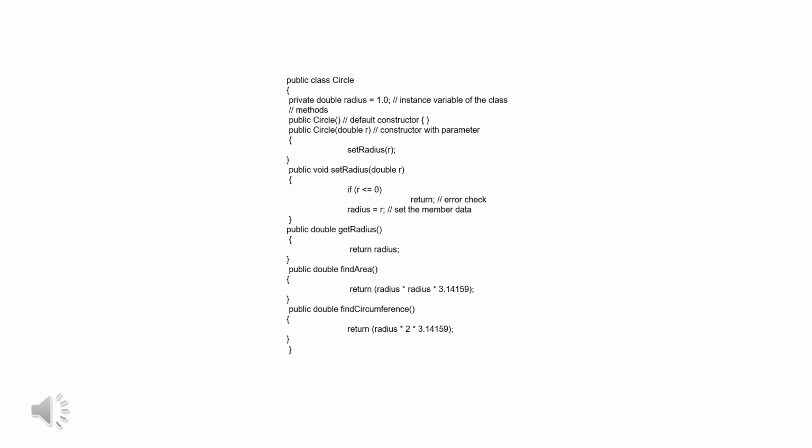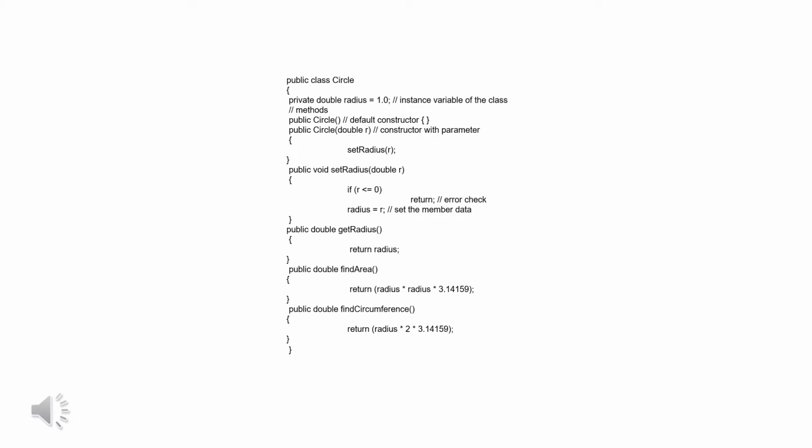One doesn't receive anything as the input parameters and doesn't do anything as you see, and the other one receives as the input the radius, right, and will set the radius, right? So if we, for example, call the first one, we will have an object.